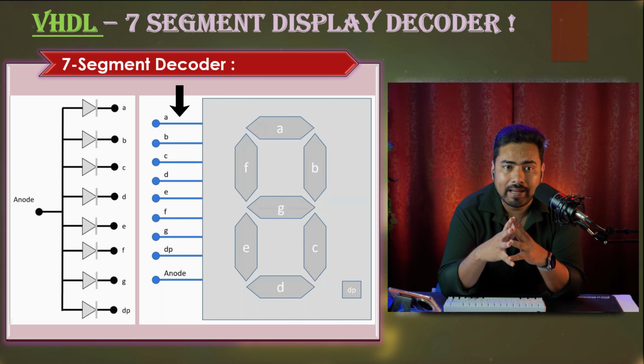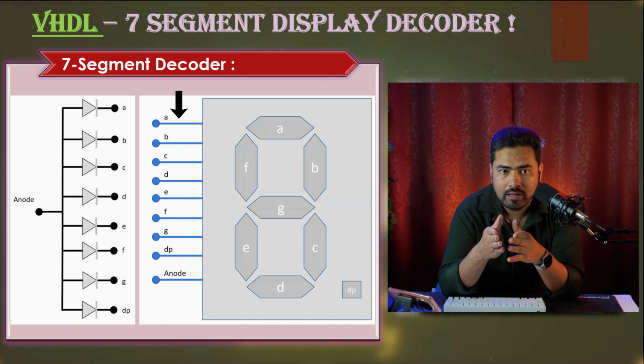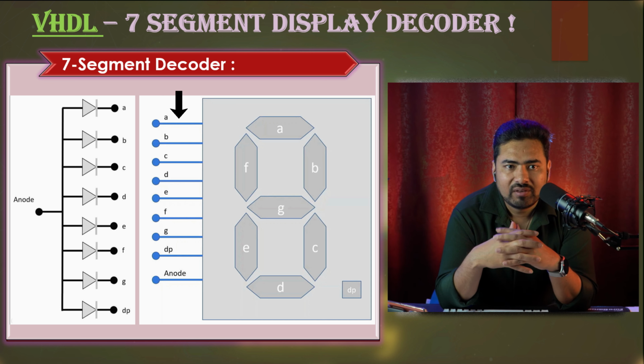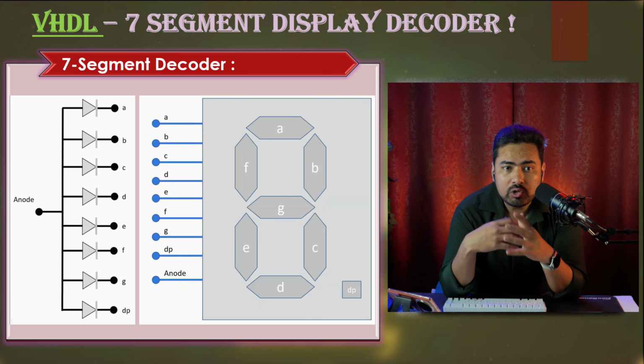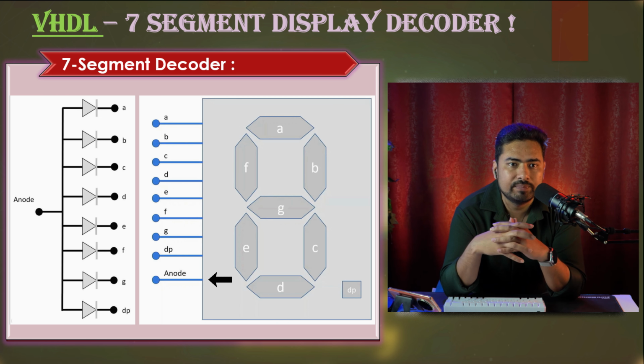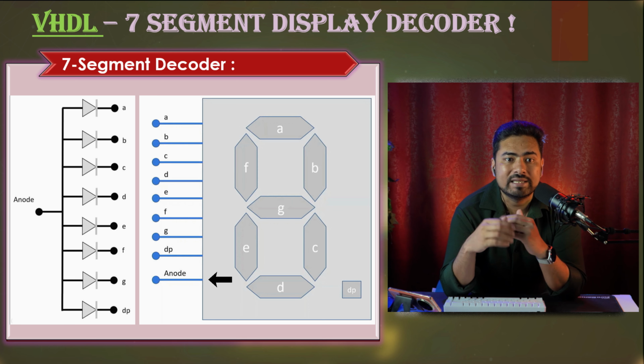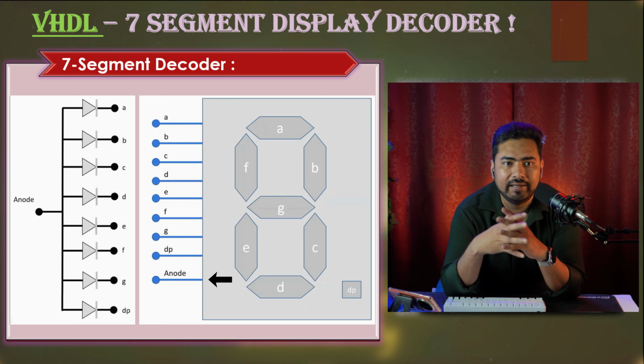They are labeled as pin A, pin B, pin C, pin D, pin E, pin F, pin G, and pin DP. These are your 7 segment display pins. You will also have one extra pin in your display, and that is the common pin. It is connected to the second terminal of all the LEDs.